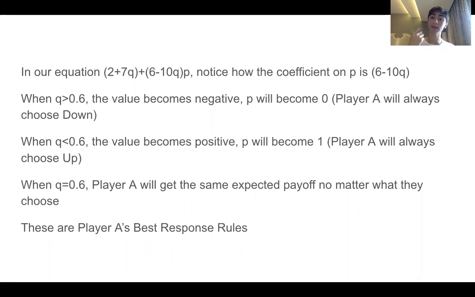Also recall that player A can only modify P. So given what they know Q is going to be, we can make some deductions. If Q is greater than 0.6, then the value becomes negative, and P will become 0. Player A will always choose down. This is because when he is losing payoff on that second half, he's going to shut it down completely, right? So does everybody understand why, if Q is over 0.6, player A is always going to choose down?